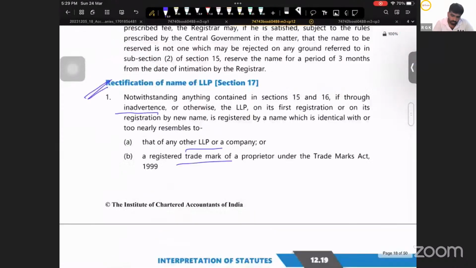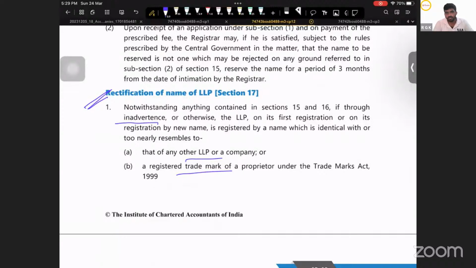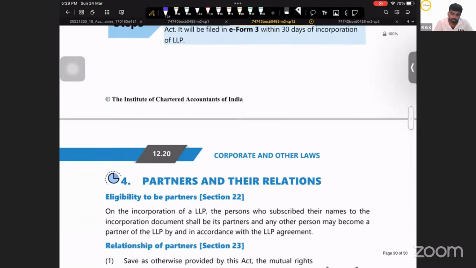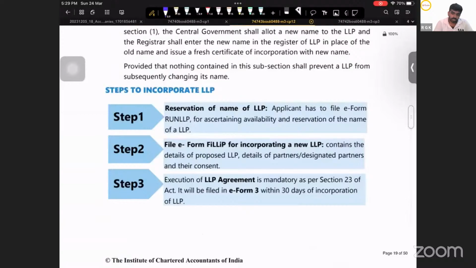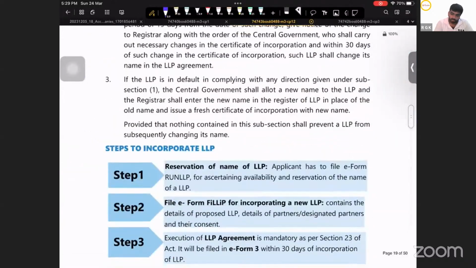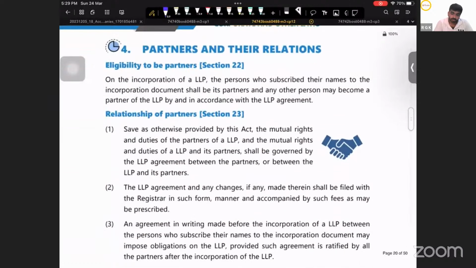So all these 3 points are important with respect to rectification of name. If the central government's order is not followed, the central government itself will give a new name to the LLP and intimate the ROC about that. The ROC will issue a new certificate of incorporation. So this is again another important section, section 17, rectification of name of a limited liability partnership.